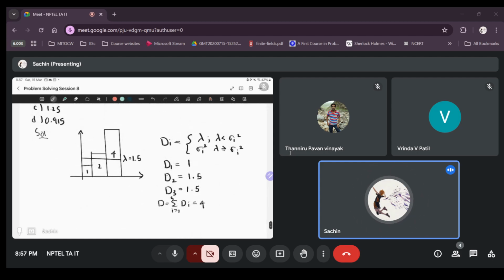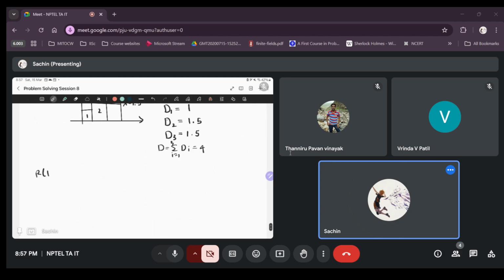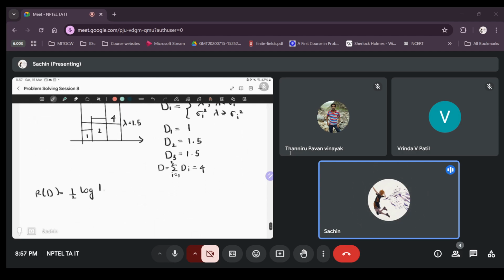In that case, the rate distortion function is half log 1 over 1 plus half log 2 over 1.5 plus half log 4 over 1.5, which you can write as half log of 1.5 is 3 over 2, which is 4 thirds.